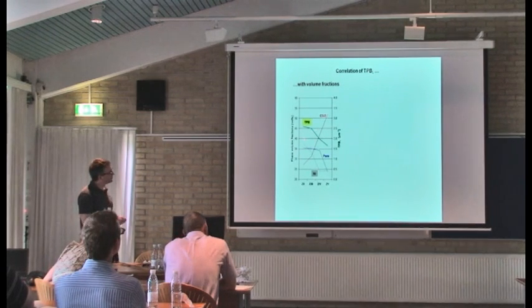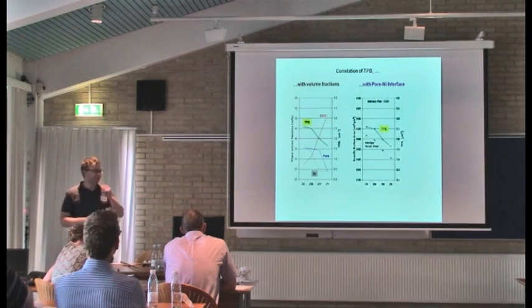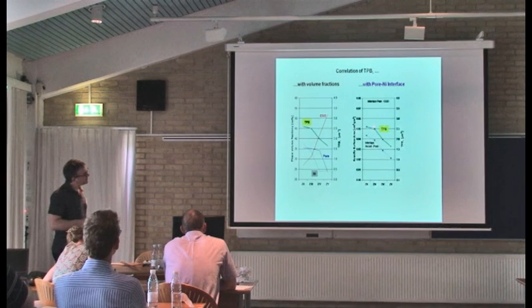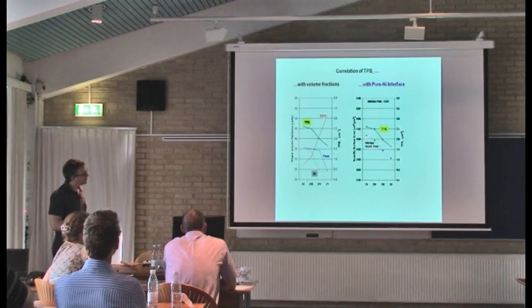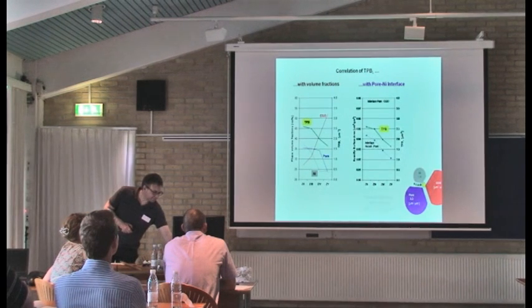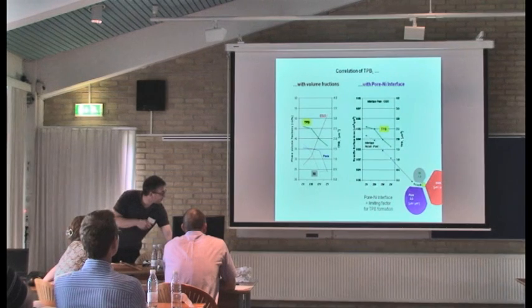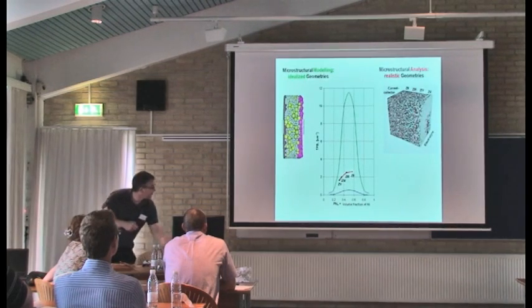So it's not easy to establish these relations between TPB and volume fraction or particle size. In contrast, the TPB is very strongly correlated with the interface between pore and nickel. So it seems that this interface really is a limiting factor for the TPB formation.